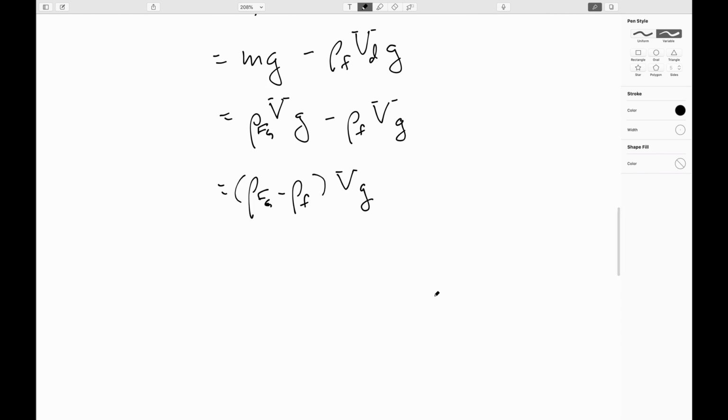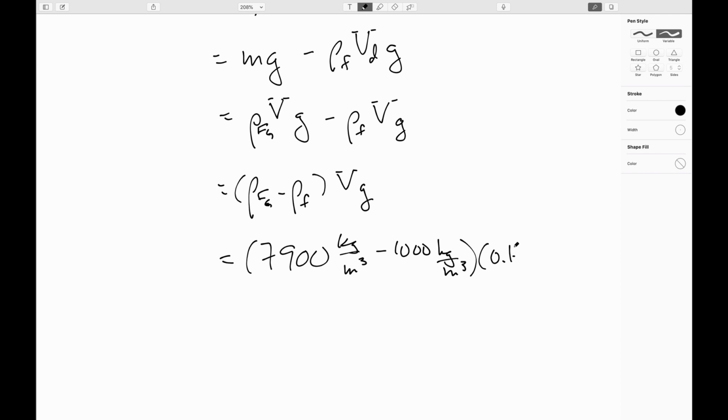All right, if we go look in the tables, the density of iron is usually quoted as being something around 7,900 kilograms per cubic meter. Density of water is 1,000, since I'm doing water here. The volume, well, it's a cube 0.1 meters on a side, so 0.1 meters cubed, then 9.8 newtons per kilogram.